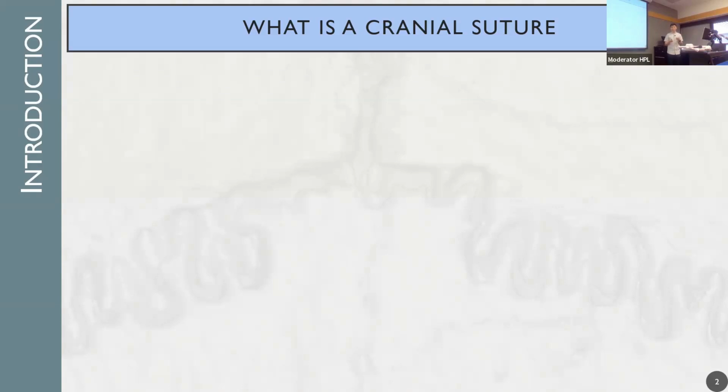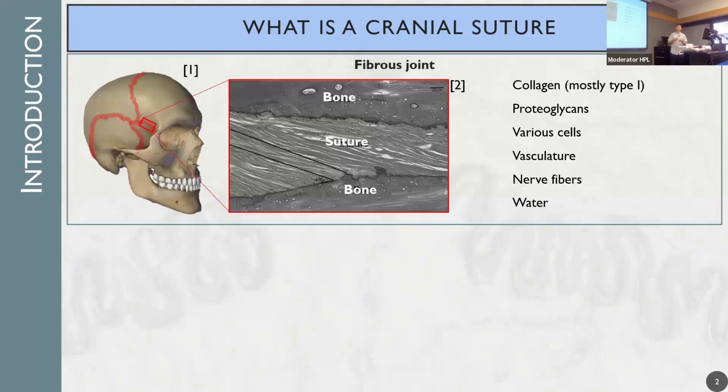And all those separate bones are interconnected by fibrous joints called sutures. So today I'm going to talk about this suture. It mostly consists of collagen, proteoglycans, various cells, musculature, nerve fibers, and obviously water.